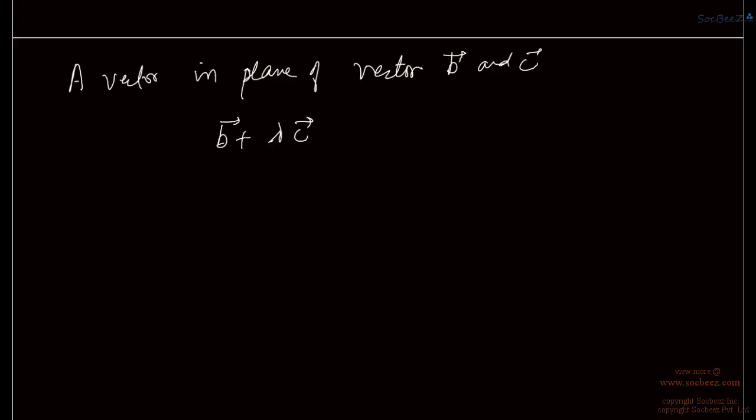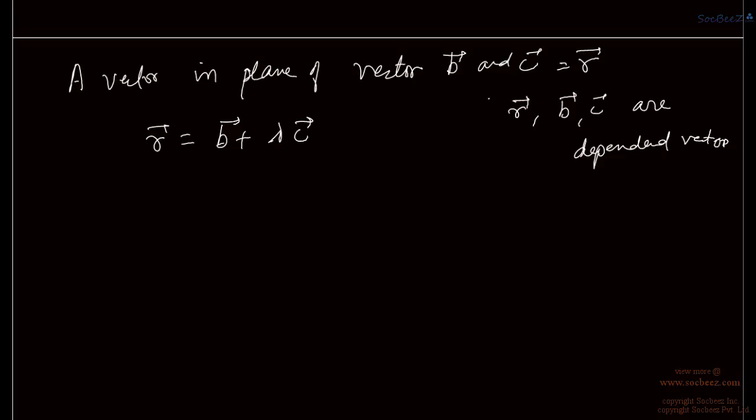Because all those three vectors, say this vector is R, so R is equal to B plus lambda C. So that means R, B and C are dependent vectors. That's why they are lying on a plane. Okay. So we have a relation like this. So we can calculate R in terms of B and C with a variable lambda.